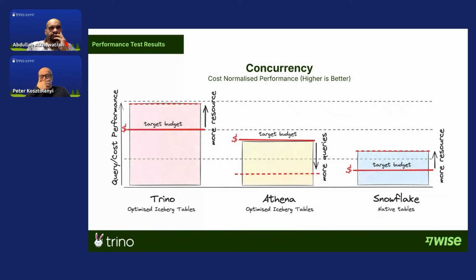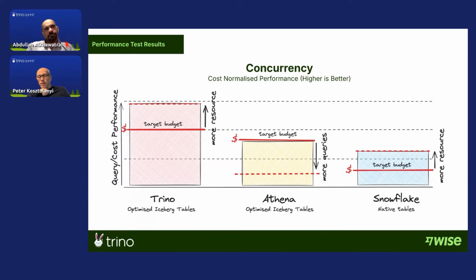Concurrency-wise, this was our last test, but again very important for us. What we're seeing is similar to the first two charts. Trino, for us, without a concurrency requirement, performs the best. It starts with quite high performance capabilities, and by adding more resources, it can deal with concurrency much better.